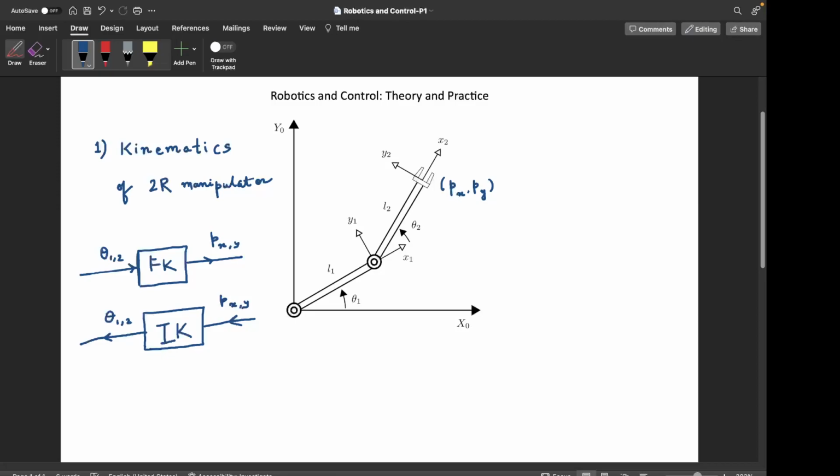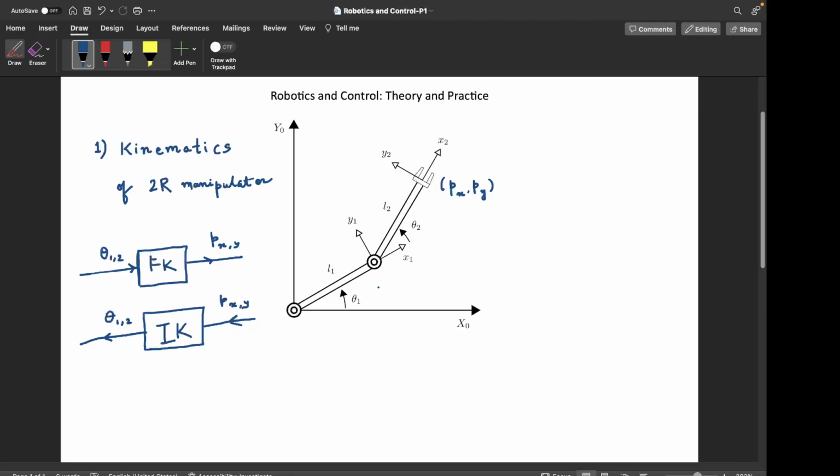Right? So why do we keep on coming back to this inverse kinematics problem? Because this is one of the fundamental requirements while working with any robotic device, be it manipulators, as simple as this two-link manipulator, or humanoid robots, whatever. Because theta is the thing which you control using actuators. That's the thing the motors can control basically. And in order to do some task, you have to reach a certain position.